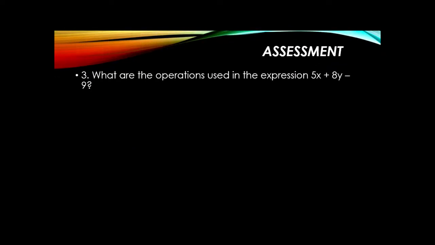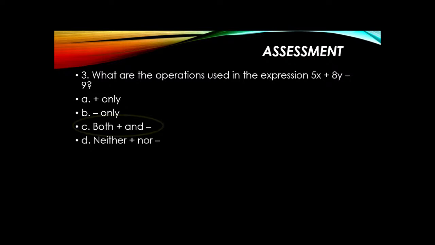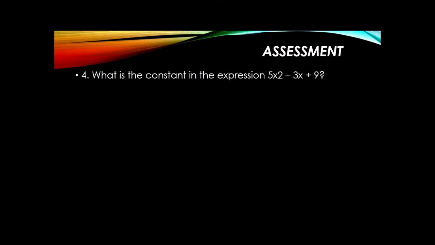Number 3. What are the operations used in the expression 5x plus 8y minus 9? Operations, what we used there. Positive or negative. So the answer is letter C. Number 4.